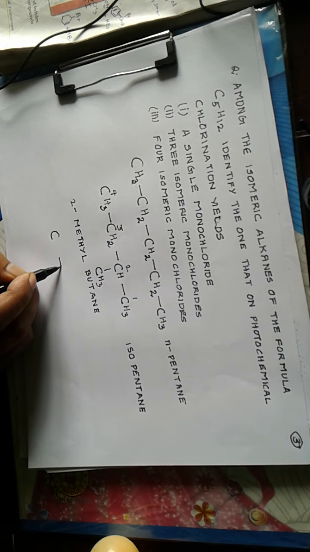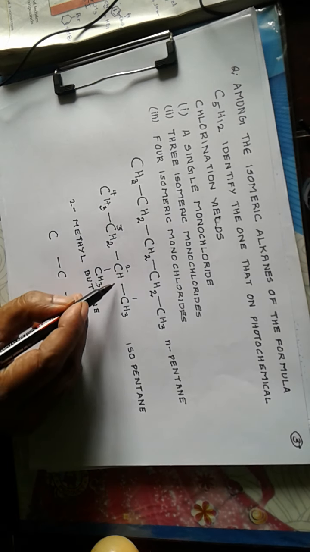Now, initially we started with the 5 carbon atoms in a chain, and then we started with the 4 carbon atoms in a chain. Now we start with the 3 carbon atoms in a chain. Now 2 carbons are remaining. If you connect the 4th carbon here and the 5th carbon here, we get N-pentane. So we can avoid these 2 carbons. And again, if you connect the 4th and the 5th carbons here, we get this structure.